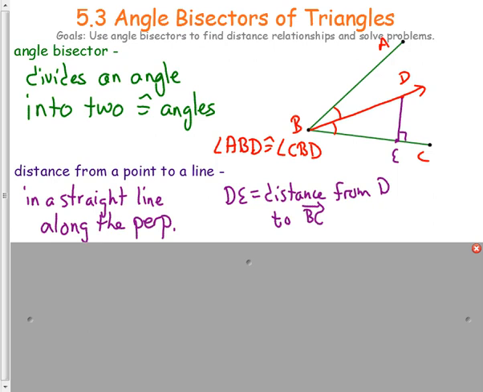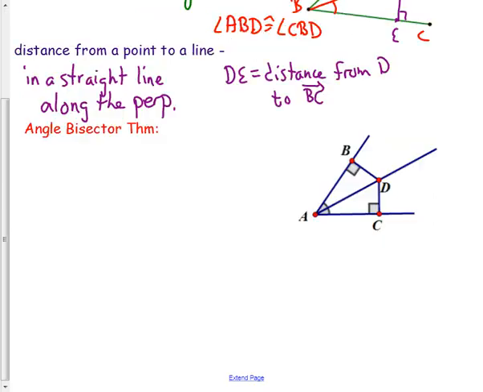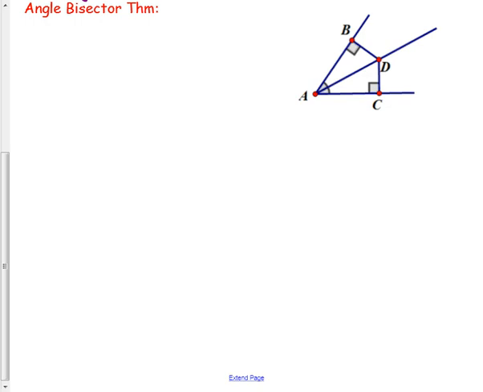It has to be on the perpendicular. If it's not perpendicular, then it is not a distance.